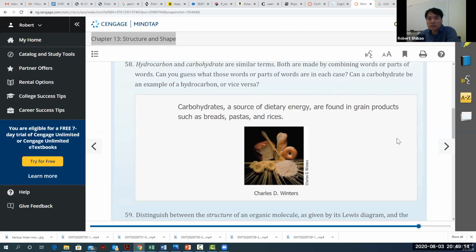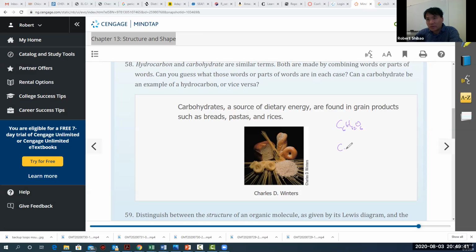And so let's look at some carbohydrates right now. Let's think of one, like glucose, C6H12O6, 2 to 1. Do you see that? This is glucose. Let's look at sucrose.